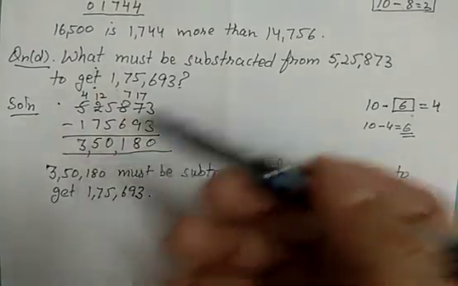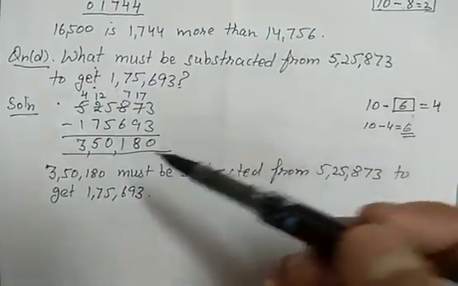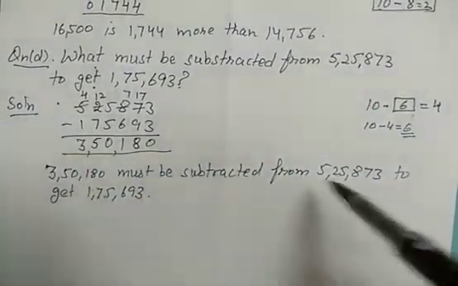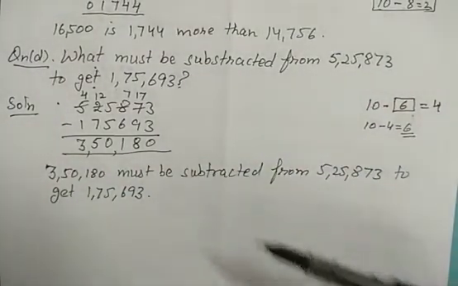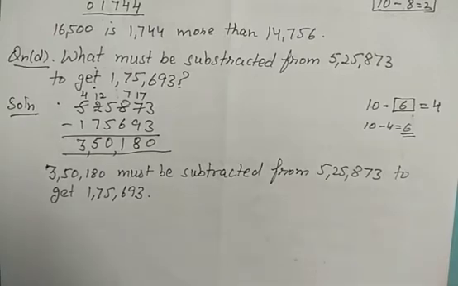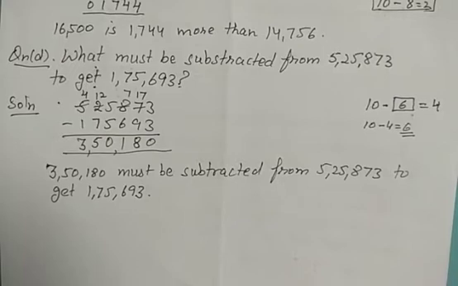You can also check this by subtracting this and this. If you get this answer, that means your answer is correct. So in this way, we can solve these questions.